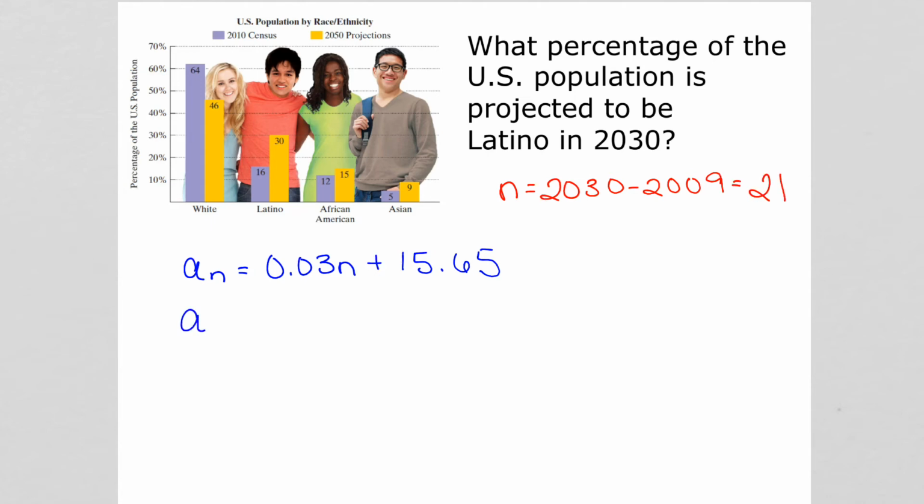So we're trying to find a sub 21. We just plug in 21 for n, multiply, add, and we get 23%. And again, we don't have to change that percent from a decimal because we didn't to start with.